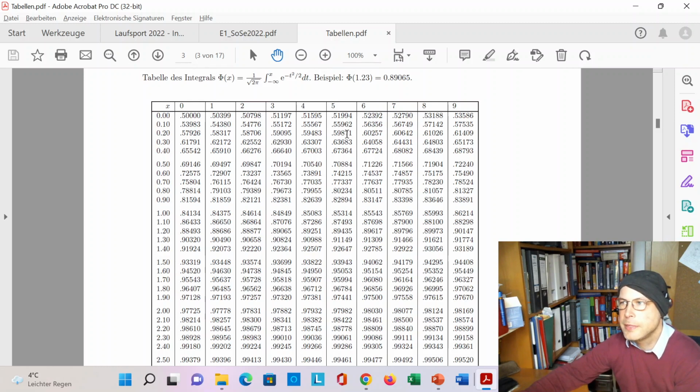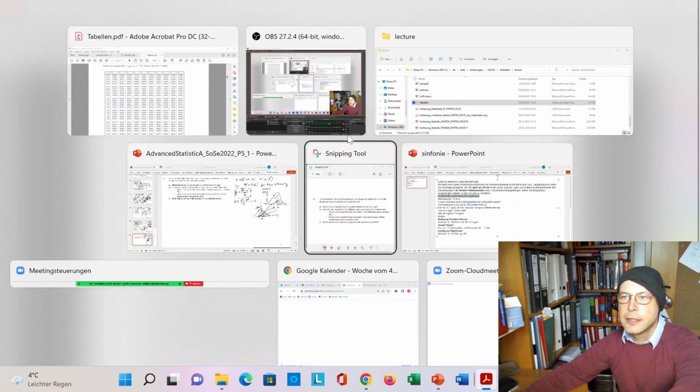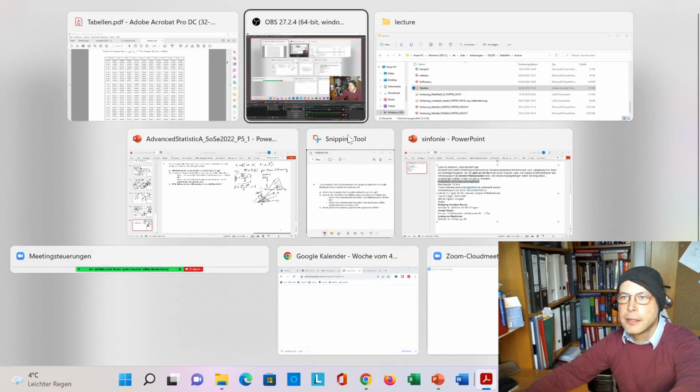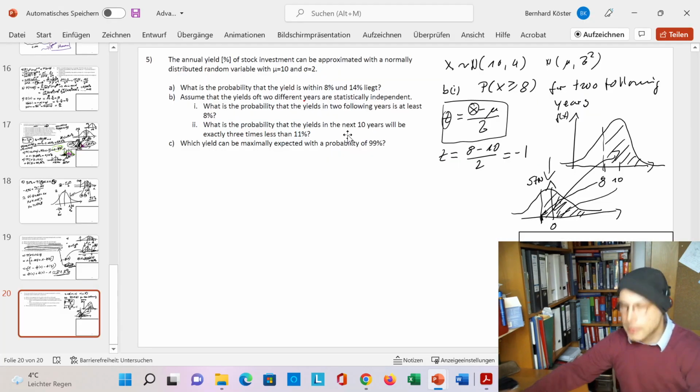Because in this table we don't find -1, we look up, of course, 1, and the reason is that we have a symmetric distribution.